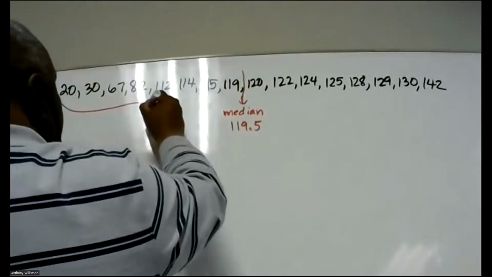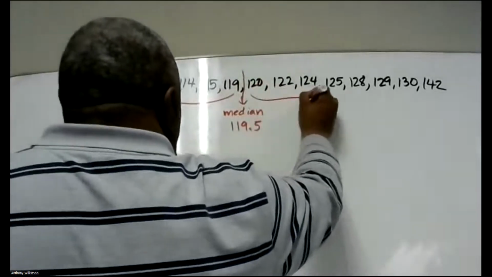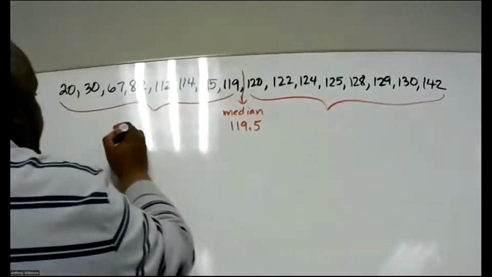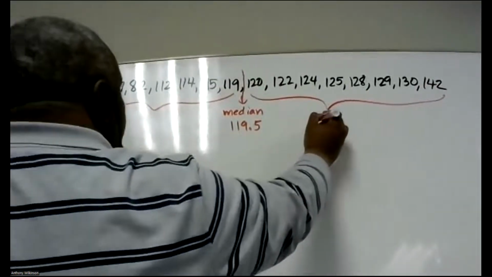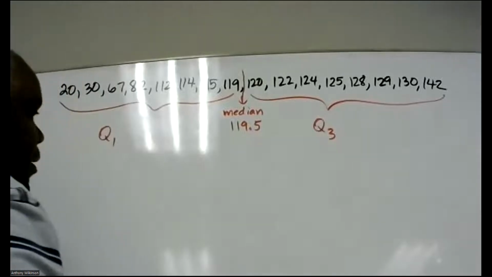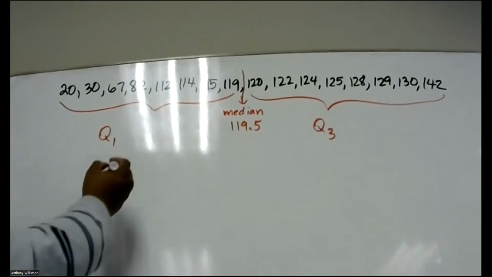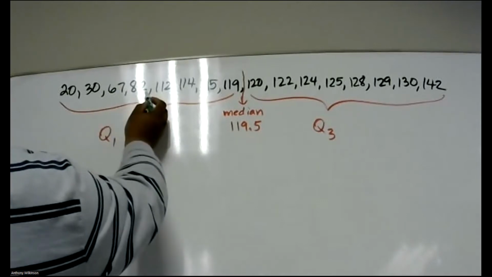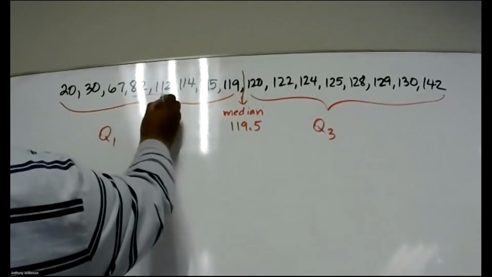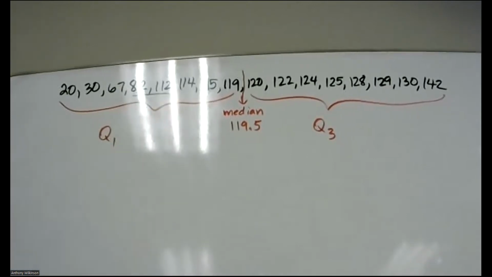So now, this is the bottom half, and this is the upper half. And from those halves, I can get Q1 and then Q3. I had to look at these two middle numbers together, the 82 and the 112, and divide that by 2.